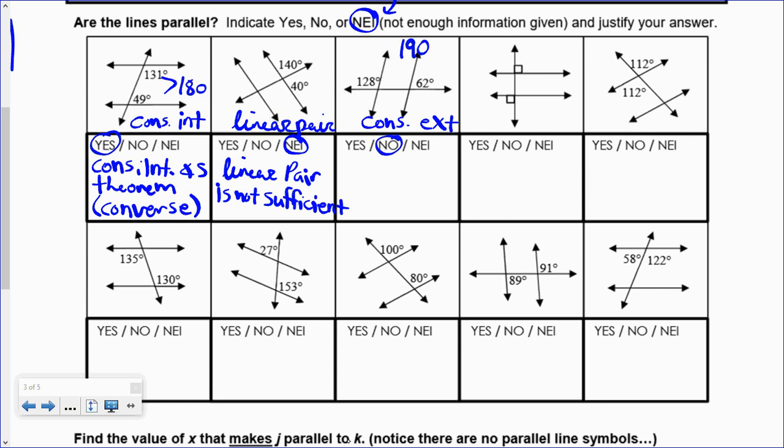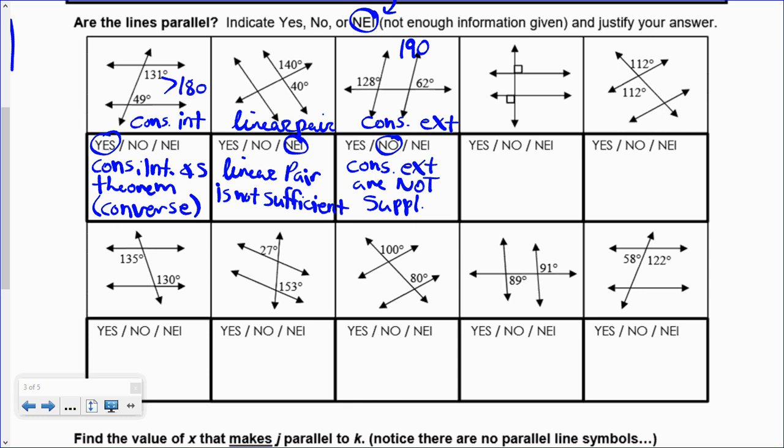It's just going to explain that the situation is not working out. So you just say consecutive exterior angles are not supplementary. You do not have to state a theorem, because a theorem is only affirming whether they are parallel. So if you notice that they are not parallel, just explain what went wrong.